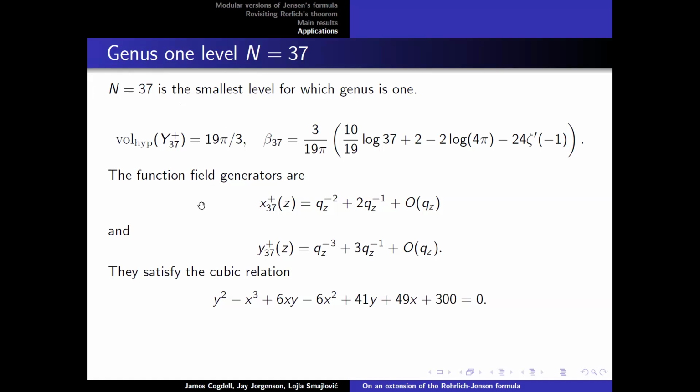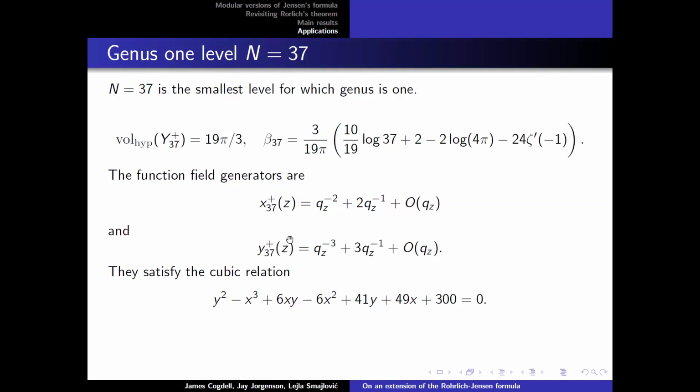I just wanted to show you how genus 1 differs from genus 0, and of course, all other positive genera differ from genus 0 in the sense that the function field of meromorphic functions is now generated by 2 functions, no longer 1 function. And in the case of level 37, function field generators are explicitly known, and they're explicitly known for all genus 1 and genus 2 and genus 3 levels.